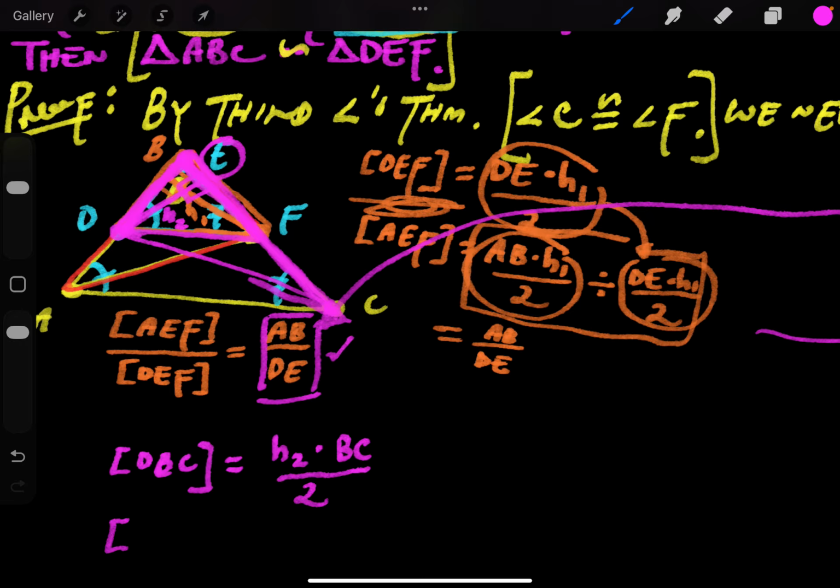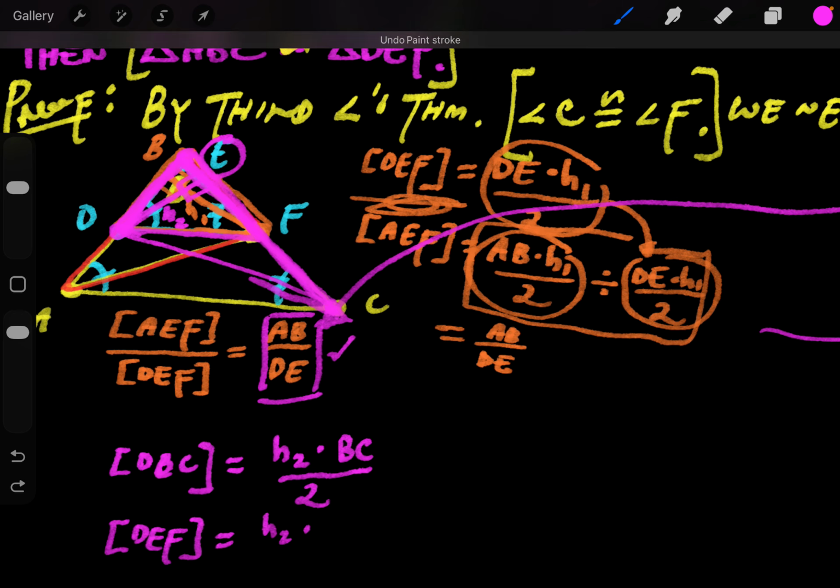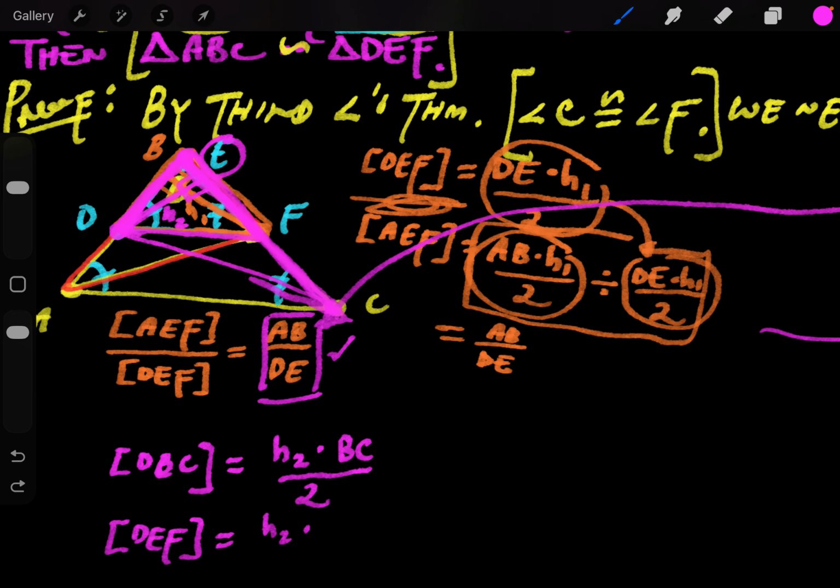And then the area of DEF is H2 times EF. EF is the one I want to use again. Is it EF that I want to use? Yeah, it is, EF.